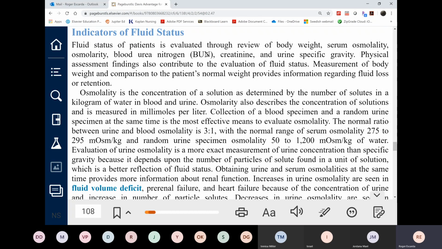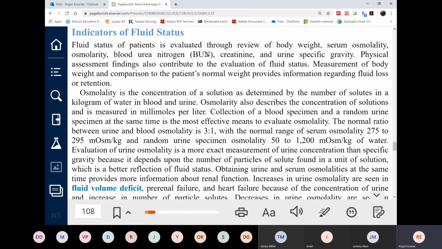So simply put, what happens to your weight when you are in fluid overload? It increases, and the opposite when you're dehydrated will be weight loss. Osmolarity, or the concentration of your blood, what happens to it when you are in fluid overload? Think of it this way: if you're in fluid overload, when we draw blood from your veins, what will that blood look like?